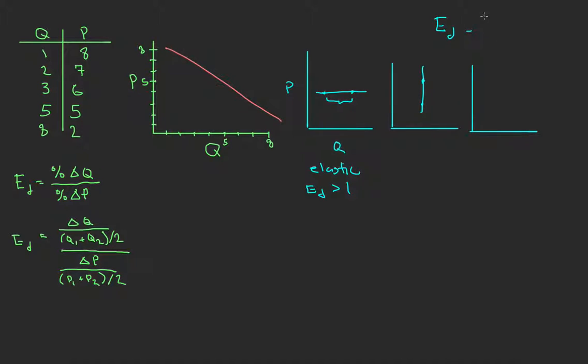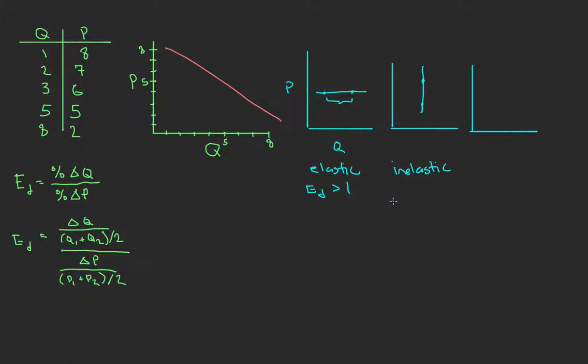Let's just say it's close to 0 over a big number. It can be any big number, but 5 or whatever. Well, what happens when you have a small number over a big number, or that number gets even bigger? That's going to approach 0 or close to 0. So we call this graph here, the second one, perfectly inelastic in this case, or just inelastic.